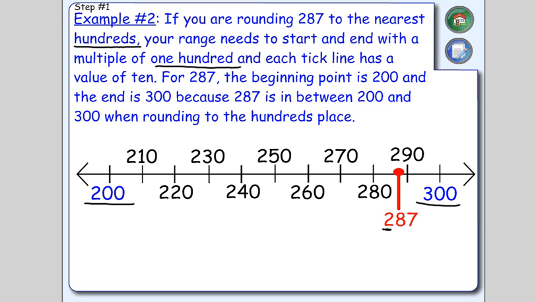See, we see 200, so we know it's either going to go down and stay at 2 or go up to 3. So it's either going to be 200 or 300 for my answer. The beginning point is 200, the end is 300 because 287 is in between 200 and 300 when rounding to the hundreds place.